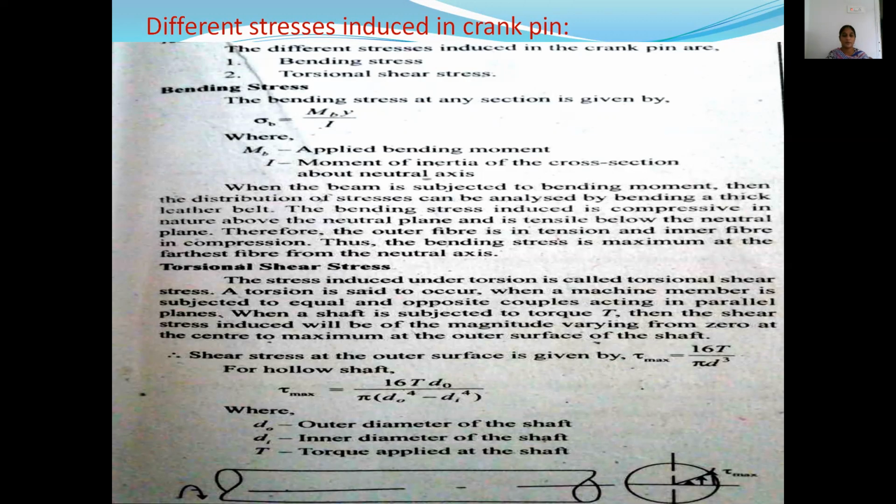Shear stress at the outer surface is given by tau max is equal to 16 T by pi d cube. With respect to the diameters, we can take tau max is equal to 16 T d naught by pi into d naught power 4 minus di power 4. Where d naught is the outer diameter of the shaft, di is the inner diameter of the shaft, and T is the torque applied on the shaft.